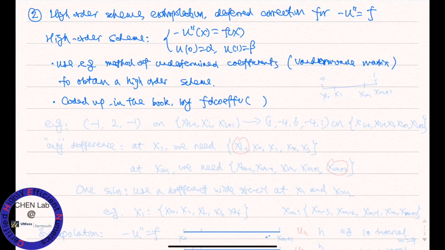For example, instead of the -1, 2, -1 on xi minus 1, xi, xi plus 1, we can do a 1, -4, 6, -4, 1 on xi minus 2, xi minus 1, xi, xi plus 1, xi plus 2.